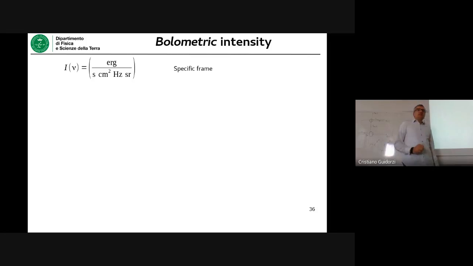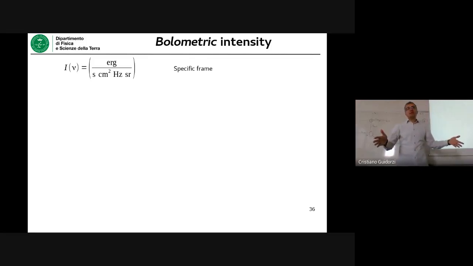Having defined the intensity, it's also straightforward to define the so-called bolometric intensity. Bolometric means, and this is the general meaning, that you are integrating something which depends on frequency, or equivalently on wavelength, over the entire spectrum.